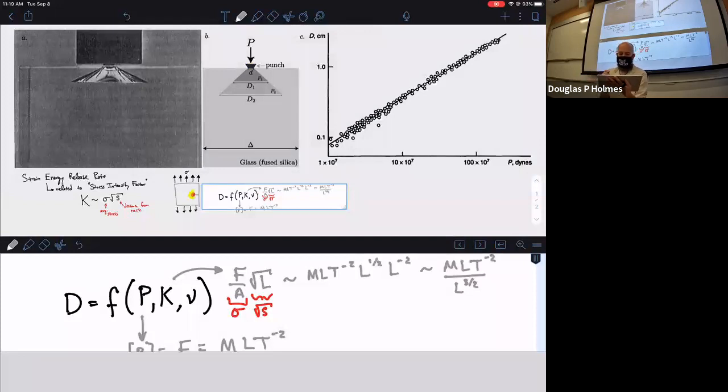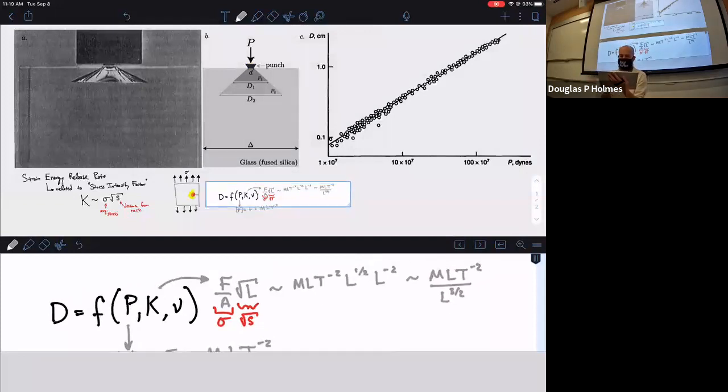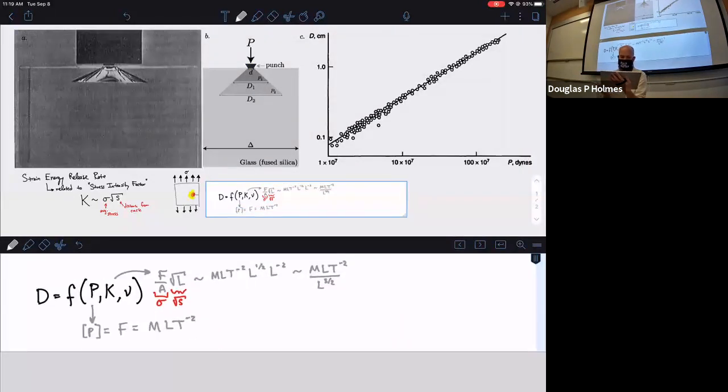So balancing these two, putting all this together, there's really only two parameters. There's this one and this one.